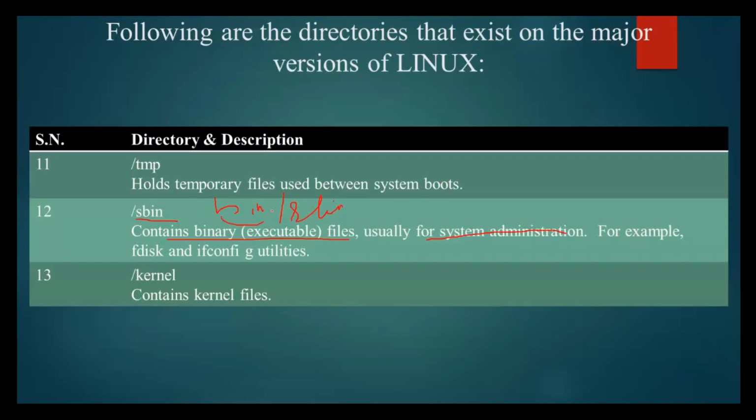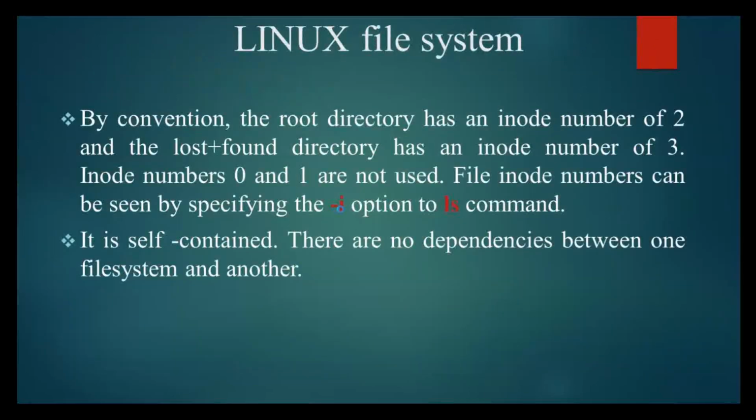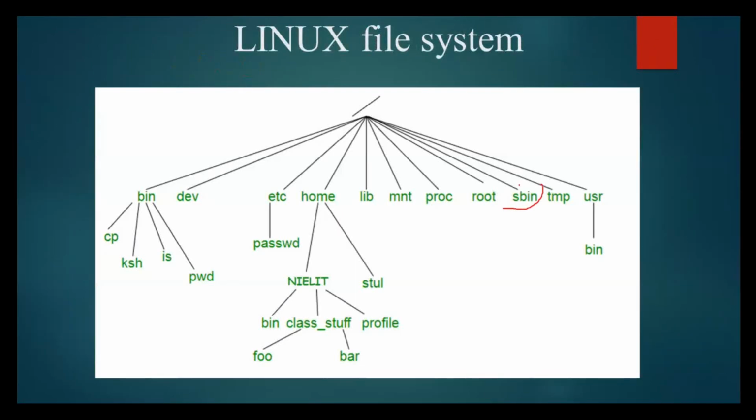This normal bin is available for users. This sbin is available mainly for administration purposes. See, don't confuse with this. Here bin is there, here sbin is there. In both cases, you have your executable files only. But one is available for users, the other is available only for administrators. Is it okay now?